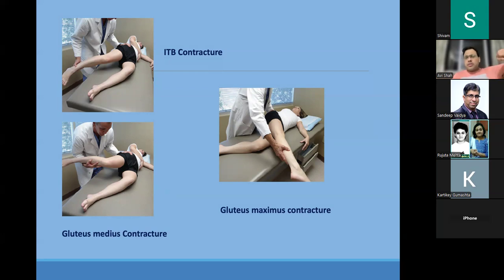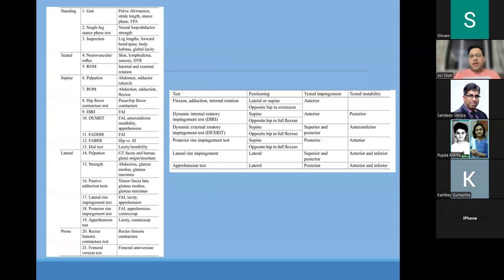And then you let go of the leg. If it stays in that position, that means there is a contracture. Similarly, with more flexion, you can test for gluteus medius. And from extension, trying to flex the full hip will let you know about gluteus maximus contractures if they are there. So I know it is a lot.